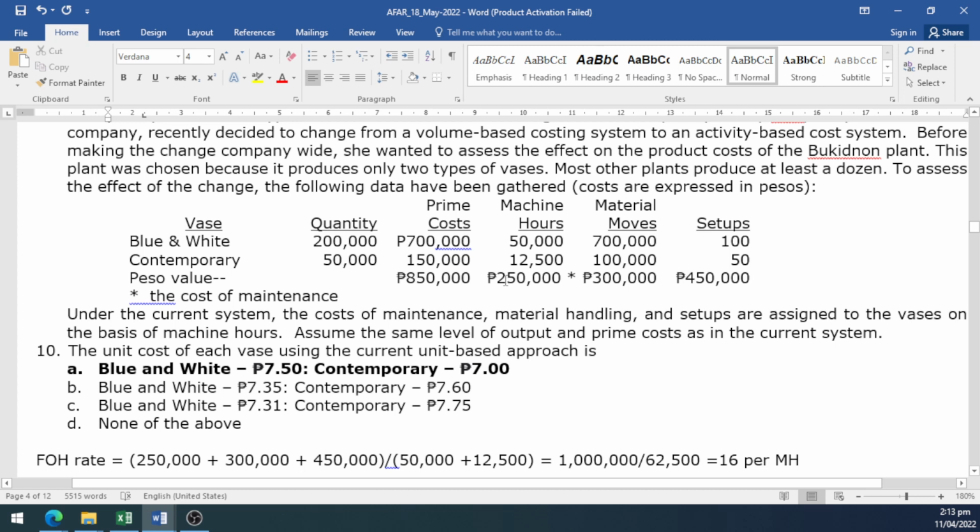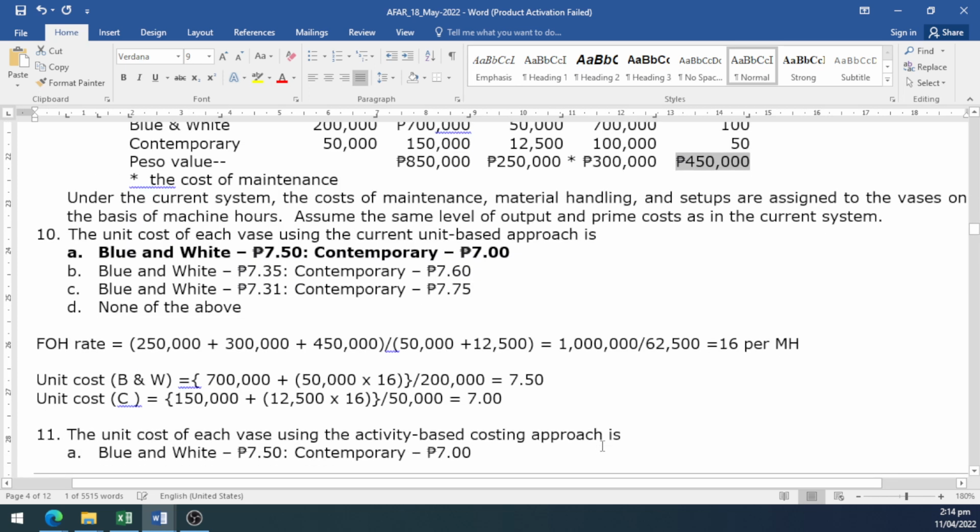Ito po yung ating total overhead. 250,000 for machining, 300,000 for material moves, then 450,000 for setup. Or a total na 1 million na factory overhead. So if we apply the overhead on the basis of the machine hours, blue and white has 50,000 machine hours, contemporary has 12,500. Our rate is 16 per machine hour. 1 million over 62,500.